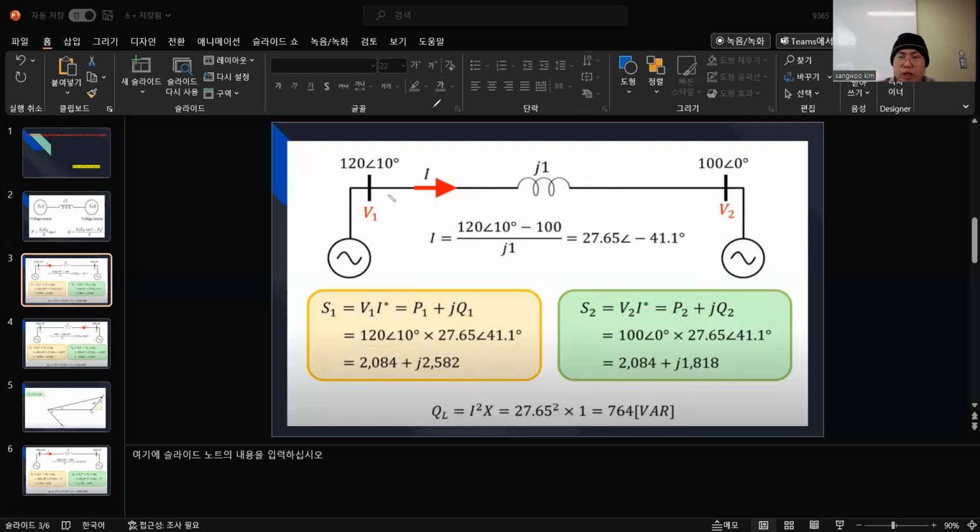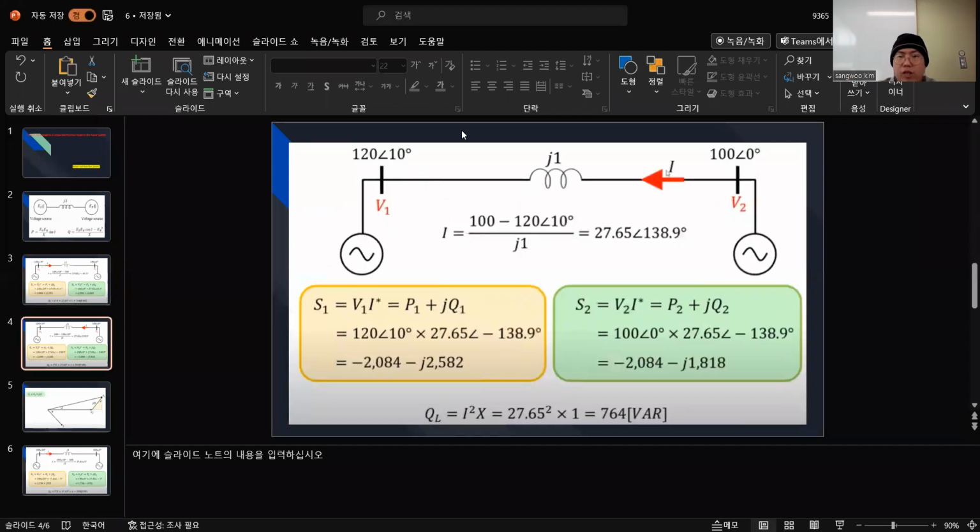So if we go to the next page, as you can see here. Look at that. If I change the direction of I to here, the difference is, V2 equals V1 plus I jX, right?